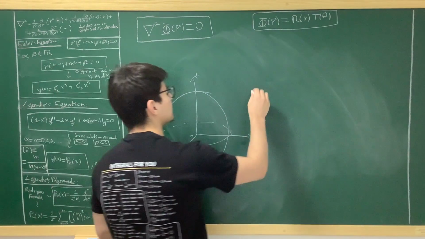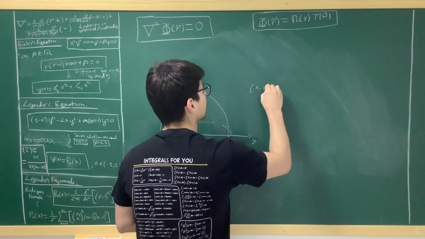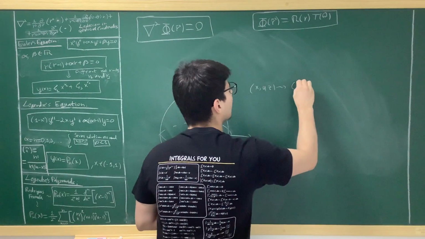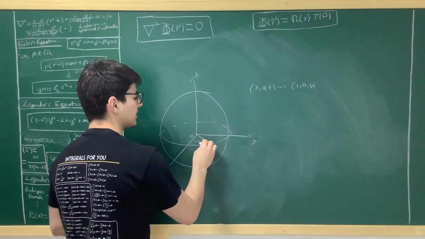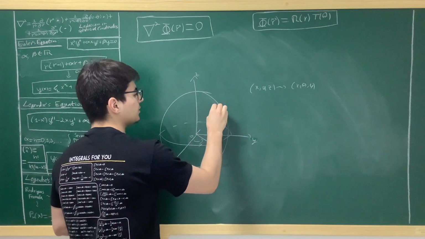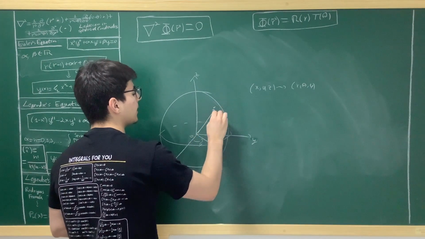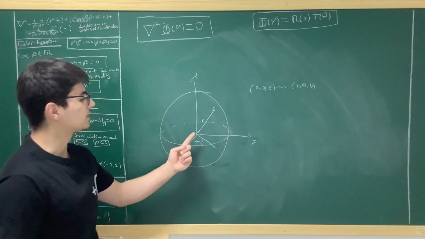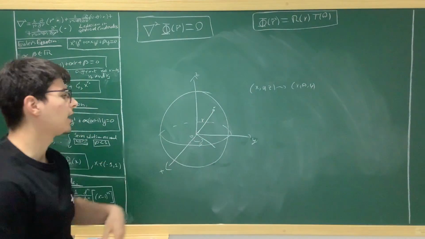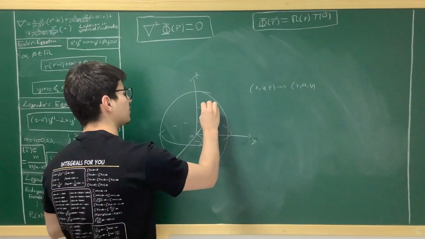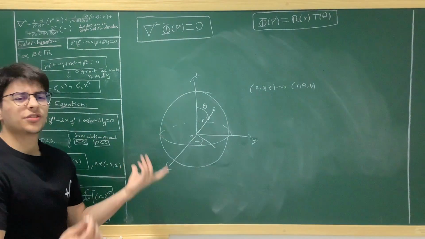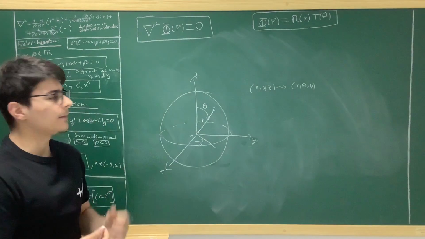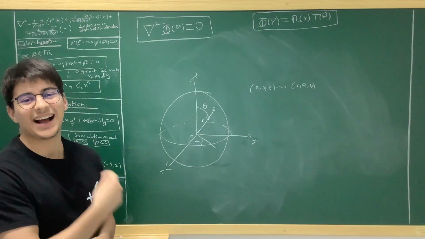And spherical coordinates take us from x, y, z to r, theta, and phi. Phi is just this angle, and let's say that we want to go to this point here. R is the radius, the distance to the origin, the radius of the sphere, and theta is just this angle. Now, how does this help us? Well, we are going to assume in our problem that we have axial symmetry.